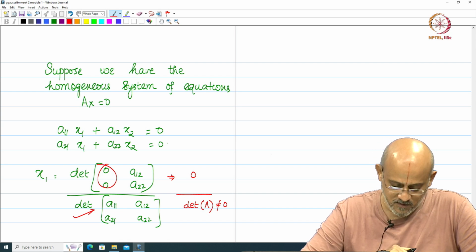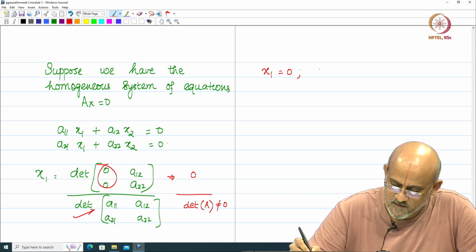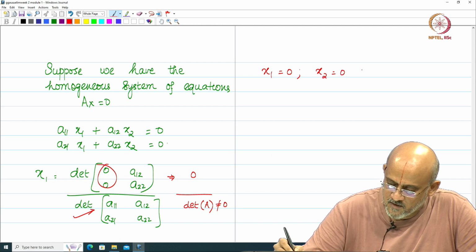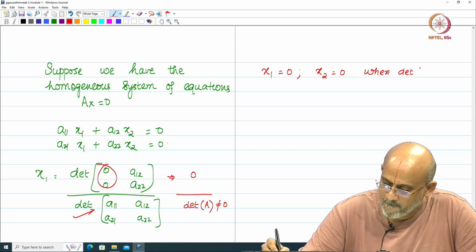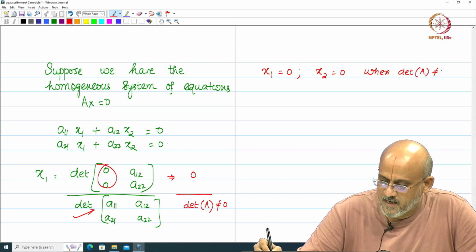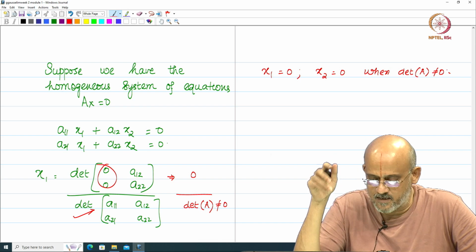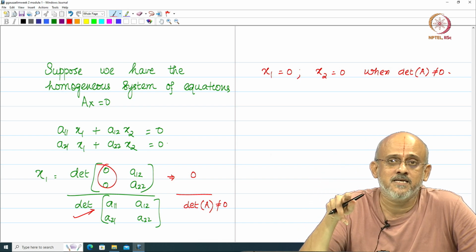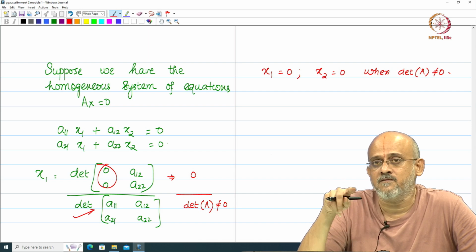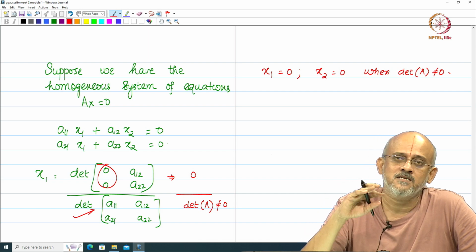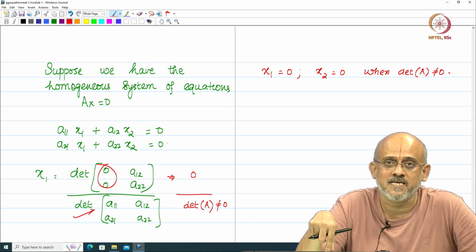When determinant of A is not equal to 0, what do we get? We get x1 is equal to 0, we also get x2 is equal to 0. And if you try to connect what Professor Krishna Kumar told in the last class, you will see very clearly that if the matrix is invertible, then Ax equal to 0 has a unique solution for a square matrix A, and that is precisely what we get here.